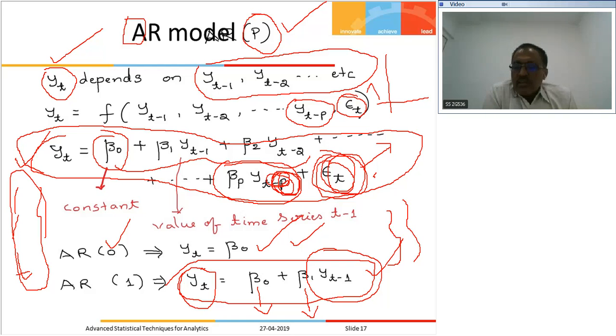Depending on that we will have this p value, whether it is AR1, AR2, AR3, AR4, AR5, etc. In general, in stock market value prediction, mostly what we look for is how it behaved yesterday and the day before yesterday. That means most of the time we restrict the analysis to t minus 1 and t minus 2. Depending on that, we need to decide whether it is AR0, AR1, AR2, or AR3.